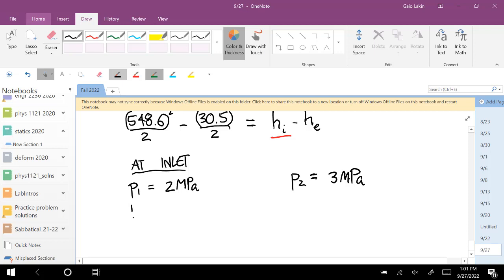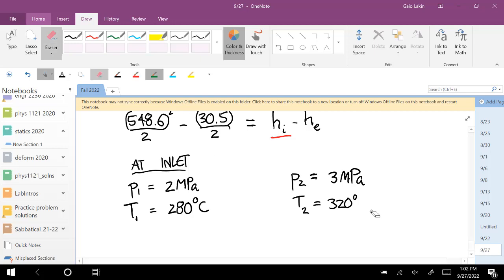And then temperature 1 is 280, and temperature 2 is 320, because the temperature we're looking for is 315.6.